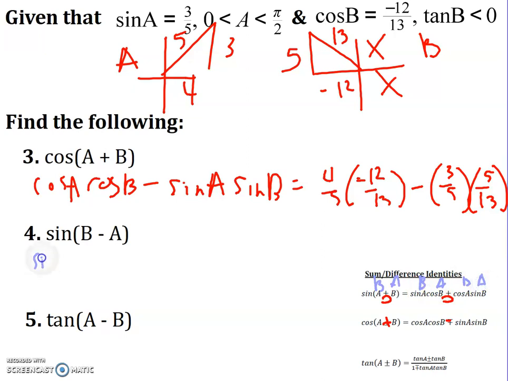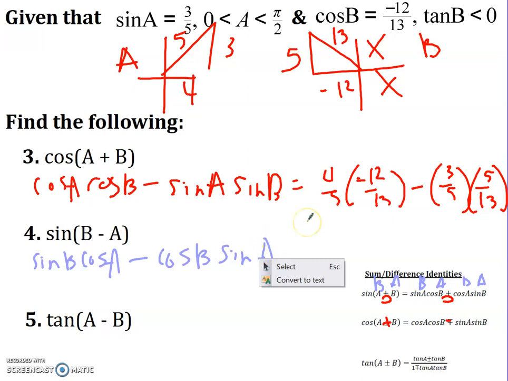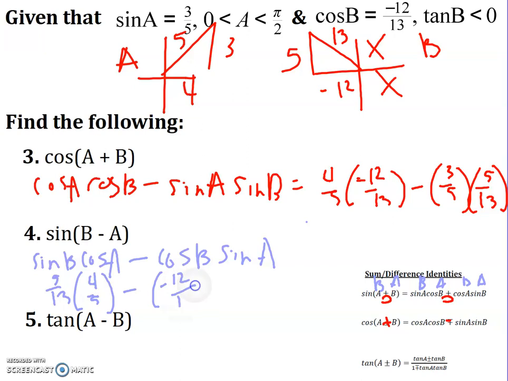So, I've got sine B, cosine A, oh no, it's a minus because that's on bottom, minus cosine B, sine A. Okay, sine B, so sine of B, so 5 over 13, cosine of A, 4/5, minus cosine of B, negative 12 over 13, sine is 3/5. Okay, type it in, and then tan, last one.